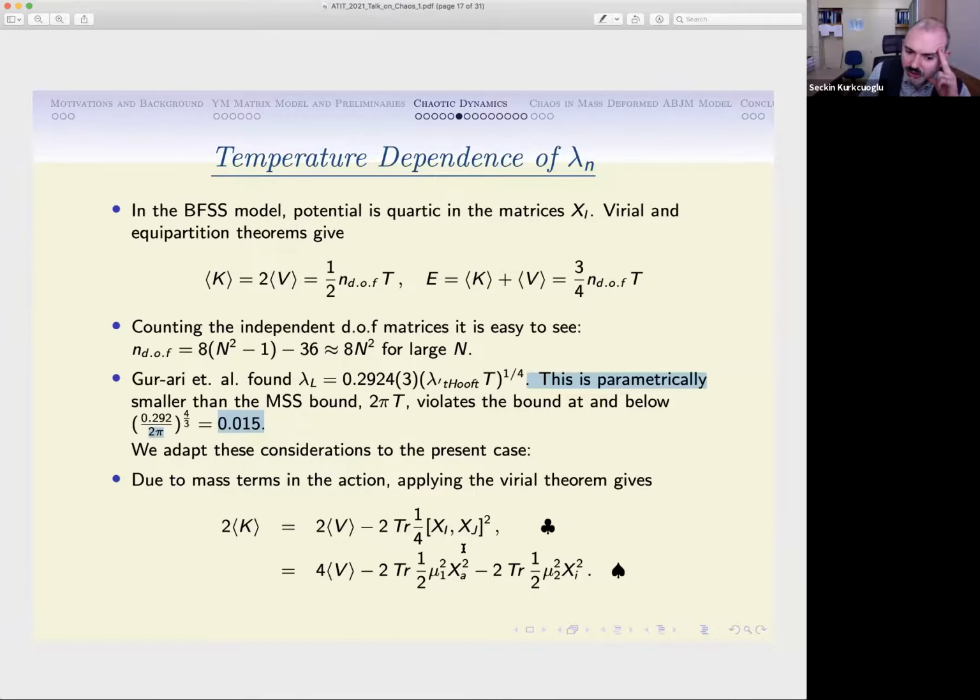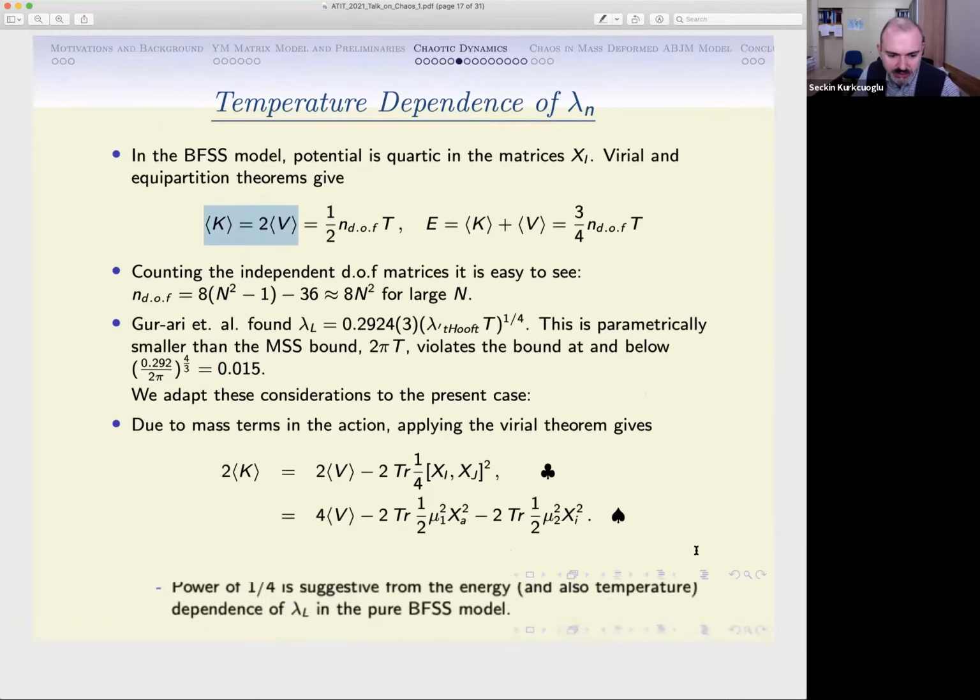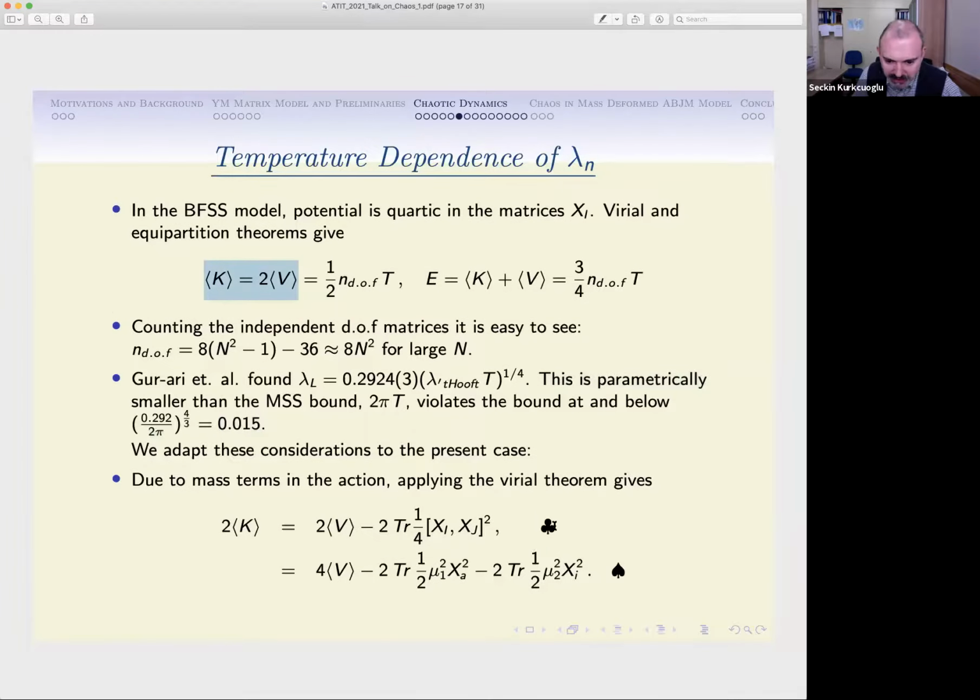So the virial theorem won't work as it works here, because the potential is not a homogeneous polynomial. So there are two different identities that I can write. Either these are the clubs, and this is the spades.